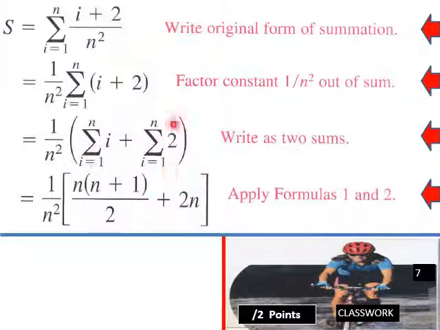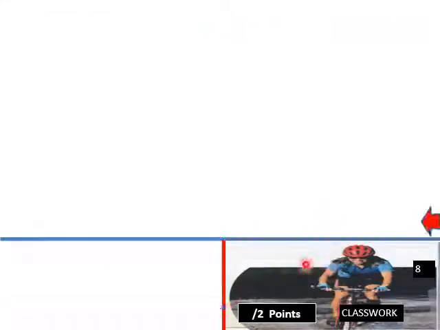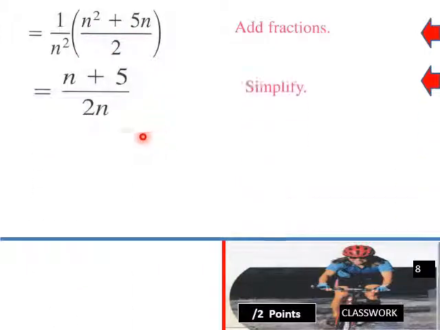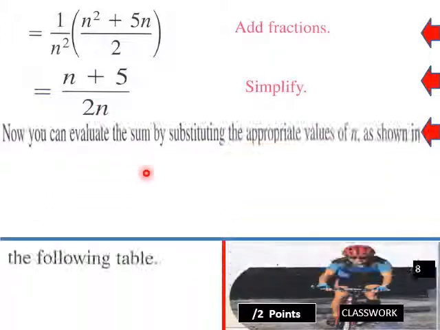So now we're combining formulas 1 and 2. And when we do that, we will end up with this now, add fractions. So we have 1 over n squared multiplied by (n squared plus 5n) over 2. So when we further simplify this, we end up with (n plus 5) over 2n.